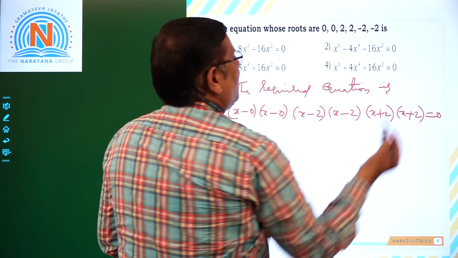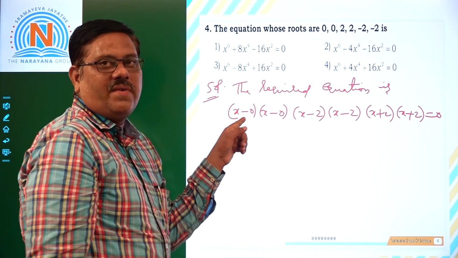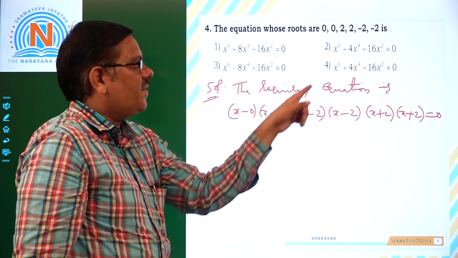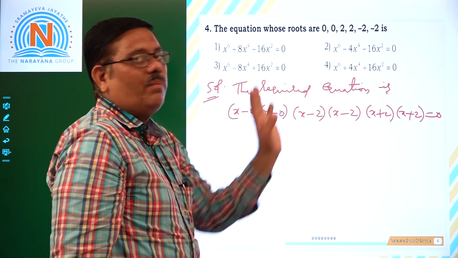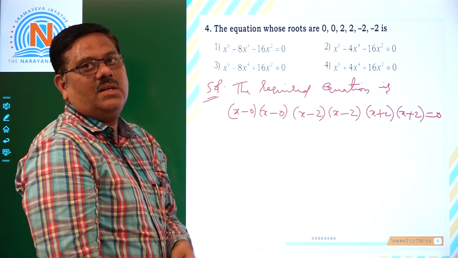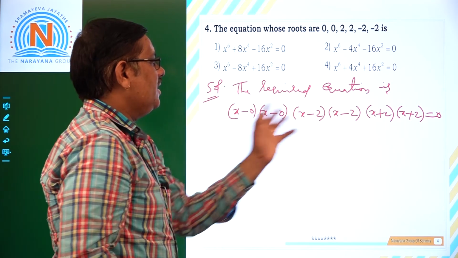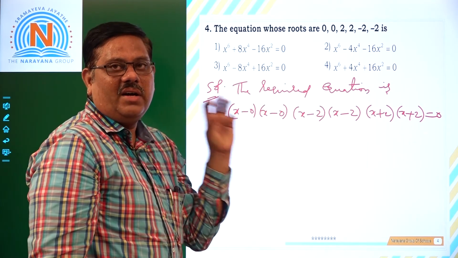If 0 is a root, x - 0 is a factor, so x - 0 twice. 2 means x - 2 is a factor, similarly x - 2 twice. -2 means x + 2 is a factor of the given equation. So if you multiply all these linear terms, we are going to get the required equation.